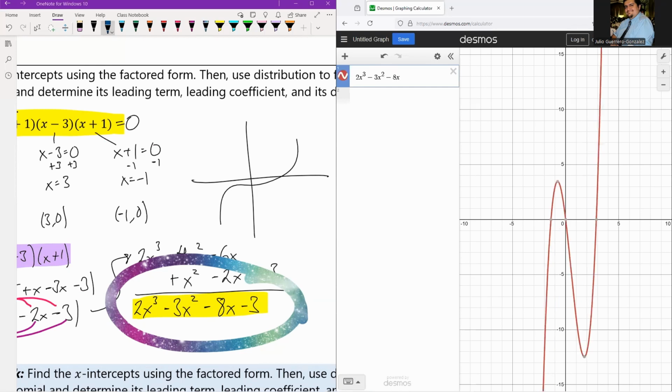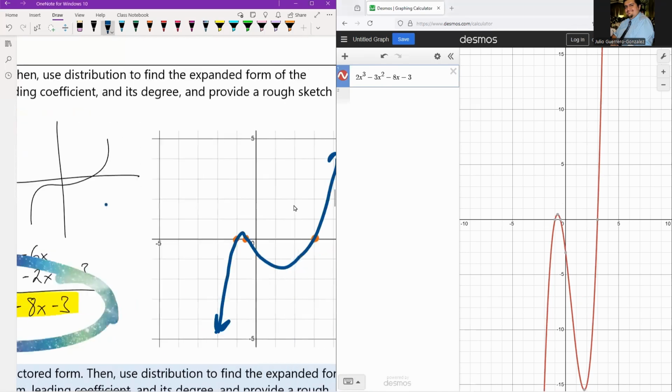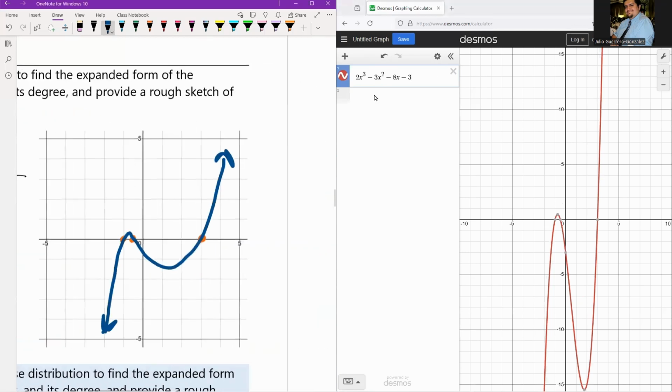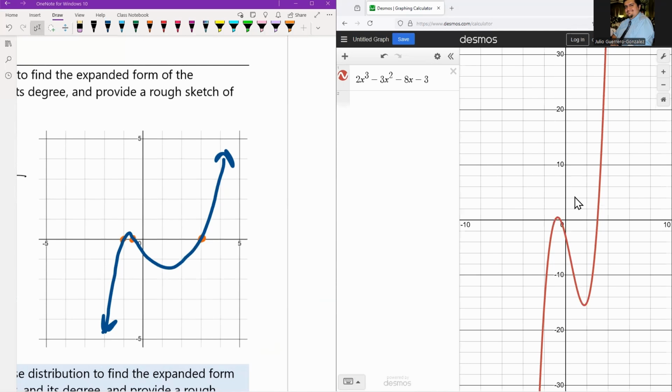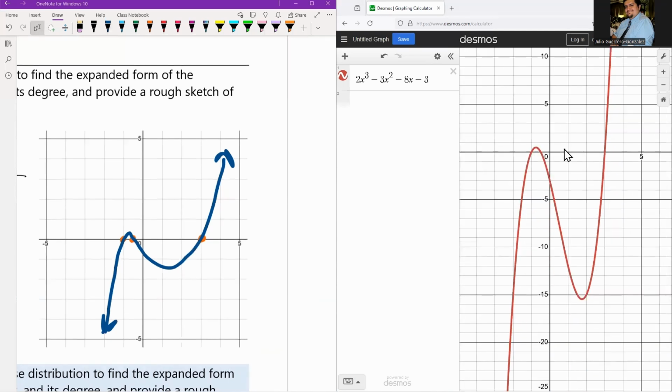Our graph, we said, was going to look something like this. Lo and behold, you guys see that? Look at that. We wanted it to cross at -1, -0.5, and +3.